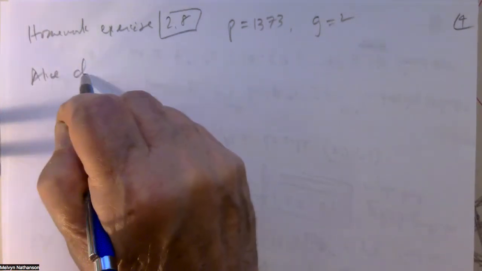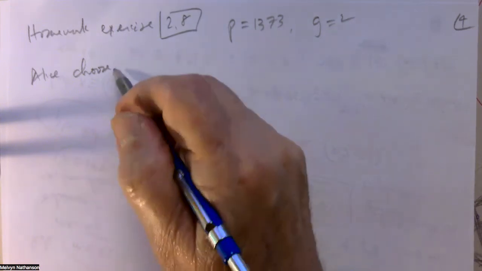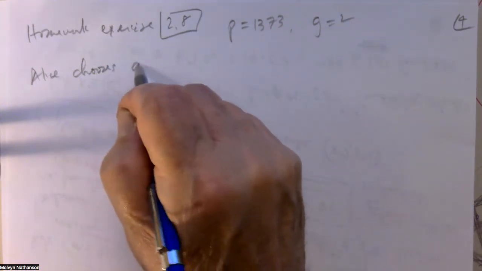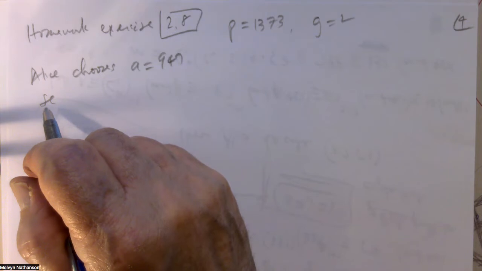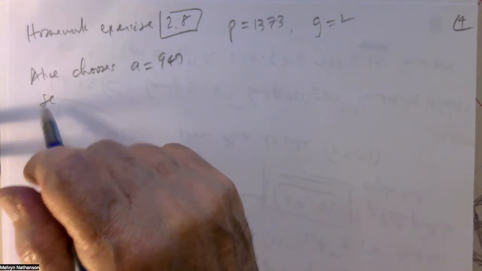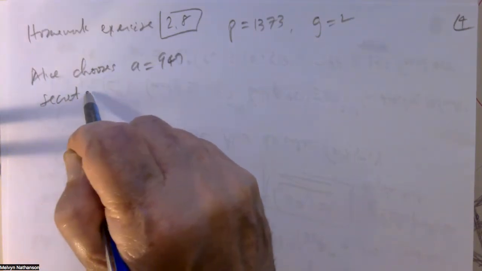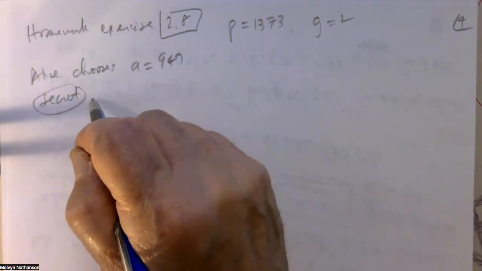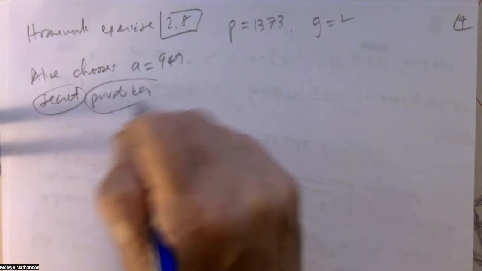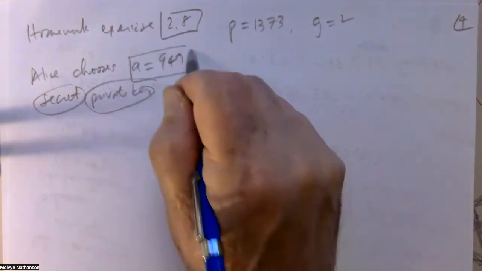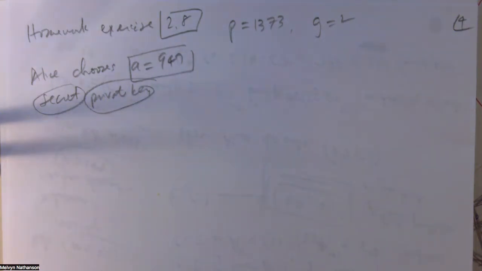Alice chooses A equal 947 as her secret number. Her private key. So for Alice, it's 947.